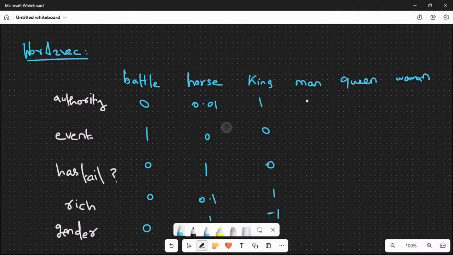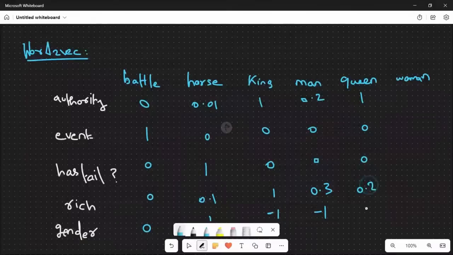Looking at man, authority, there may be some, so we keep 0.2. Event is 0. Has tail is 0. Rich may be around 0.3. And gender is -1 because it's representing male. Looking into queen, queen has authority, yes. Event 0, has tail 0. Rich, yes.